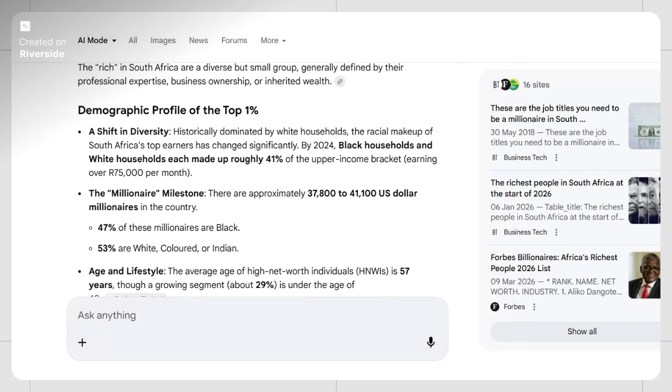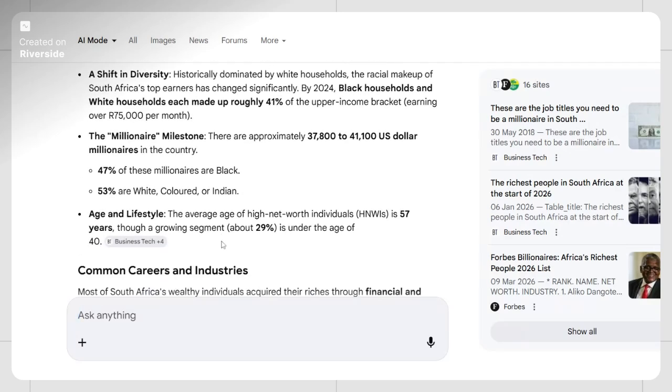And the millionaire milestone: there are approximately 37,800 to 41,100 US dollar millionaires in the country, and 47% of these millionaires are black, and 53% are white, coloured, or Indian.